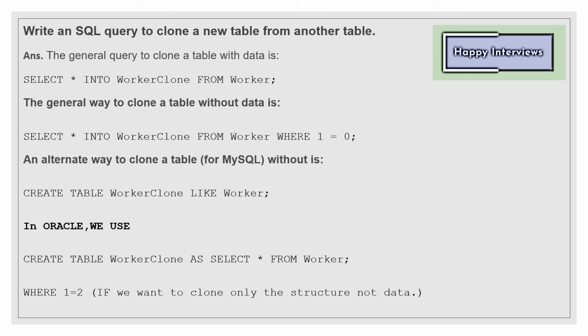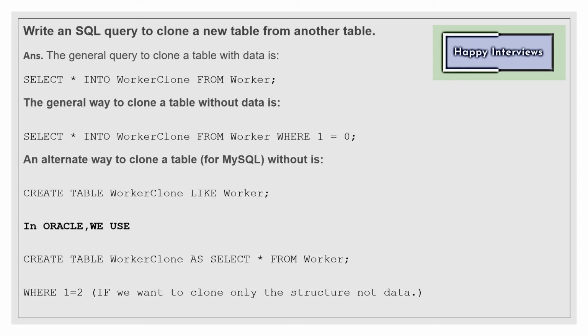Next is write a SQL query to clone a new table from another table. So there are different ways to do this. In that also, interviewers sometimes ask that you have to clone the table with the data, and sometimes they say you just want to clone only the structure but not the data. So whenever the interviewer asks not to clone the data, we need to give a where clause where we give the condition as 1 is equal to 0.